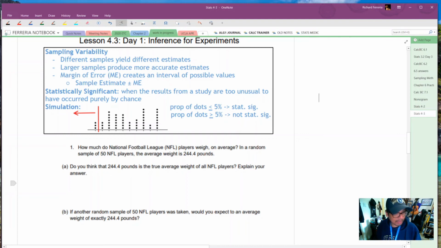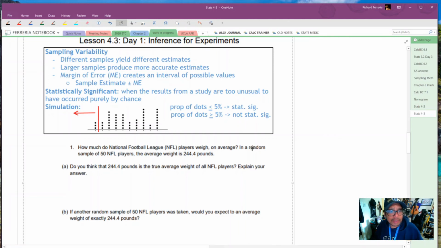In this simulation we're counting the proportion of trials that are less than a certain number. Sorry, I misspoke. If the proportion of dots is less than or equal to 5%, we call it statistically significant. If the proportion of dots is greater than 5%, then we say it's not statistically significant.